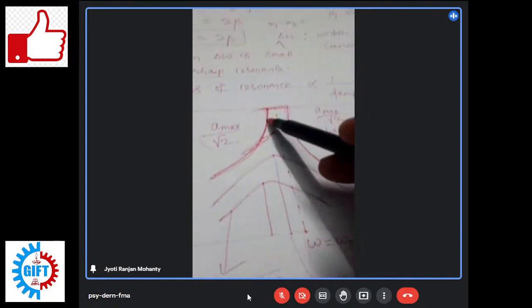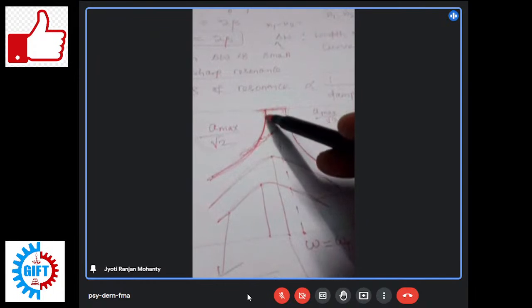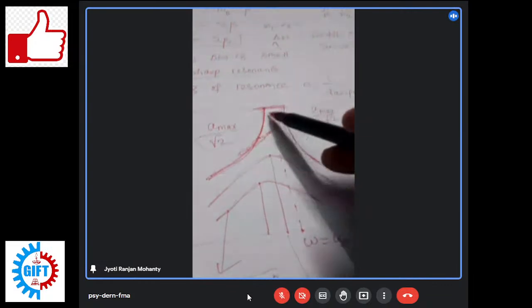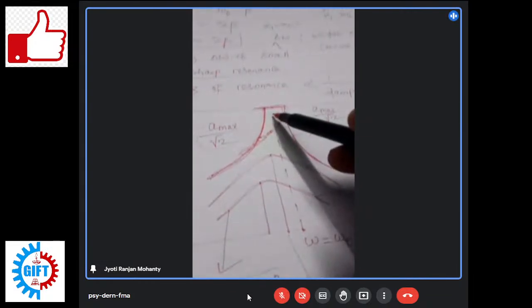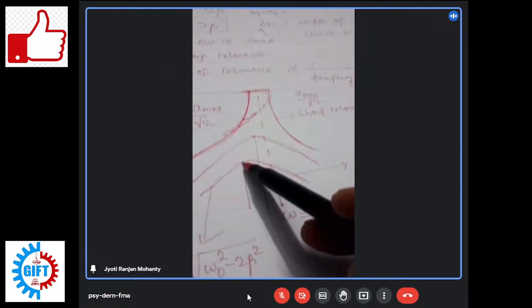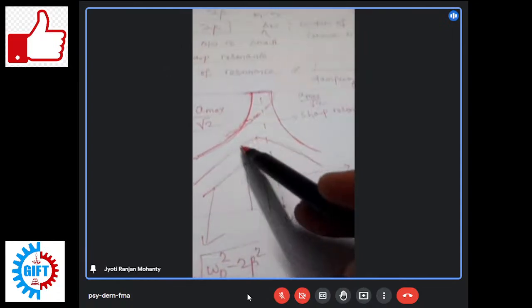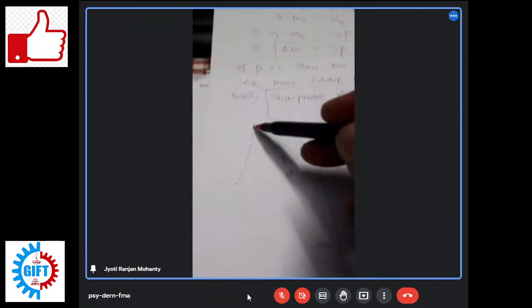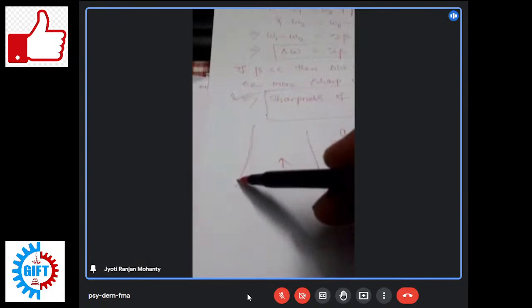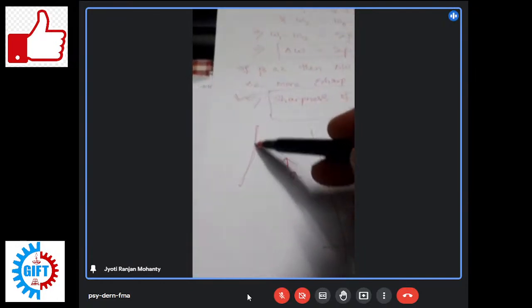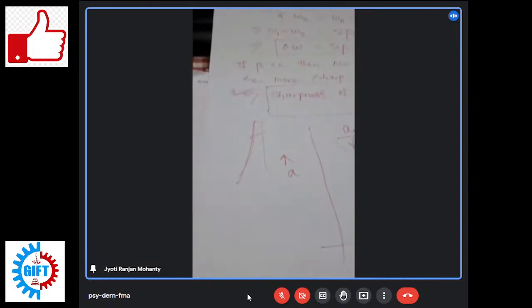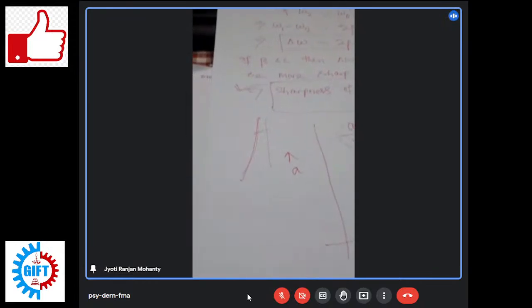So which factor will decrease? The amplitude will decrease. The faster the amplitude decreases, the sharper the curve becomes. Here it is coming slowly, slowly, slowly. Here it is decreasing suddenly. The faster the fall means the faster the decrease of the amplitude, the sharper will be the resonance. So sharper means the width will be very less, the curve will be more narrow. Okay, did everyone understand?